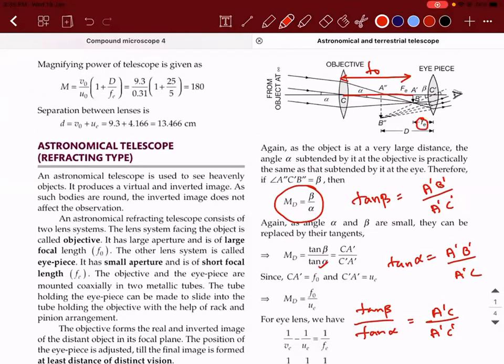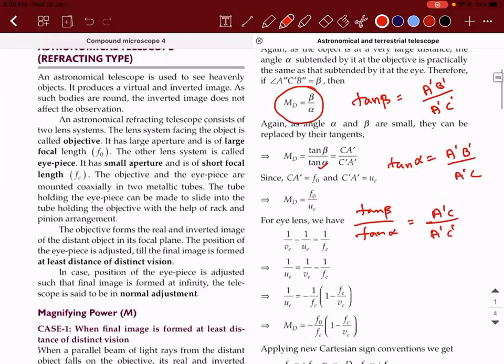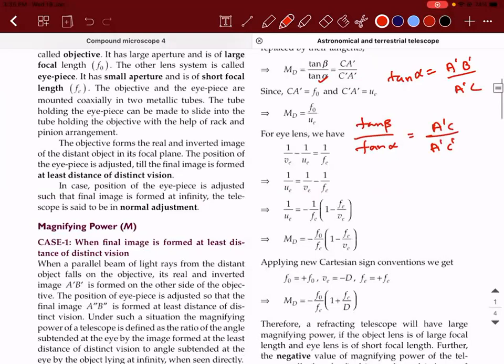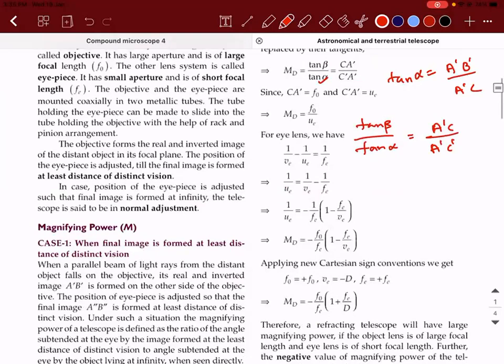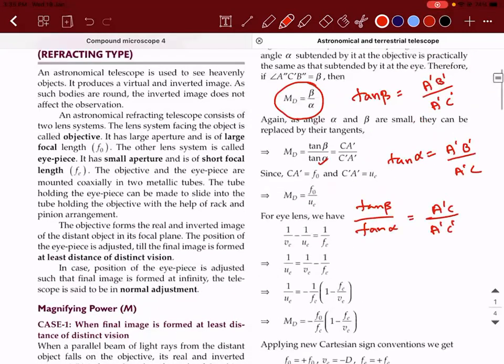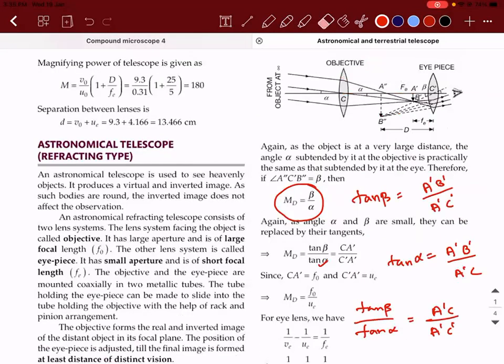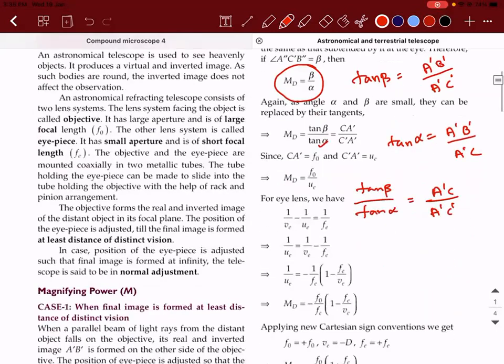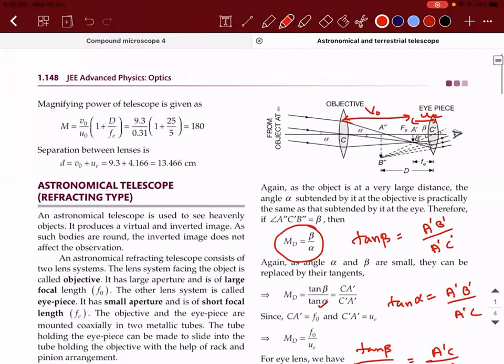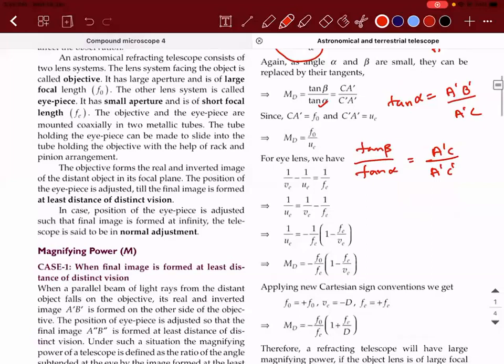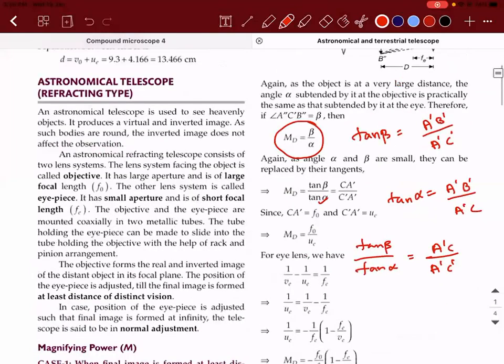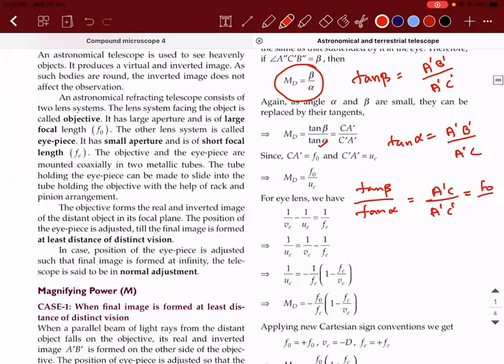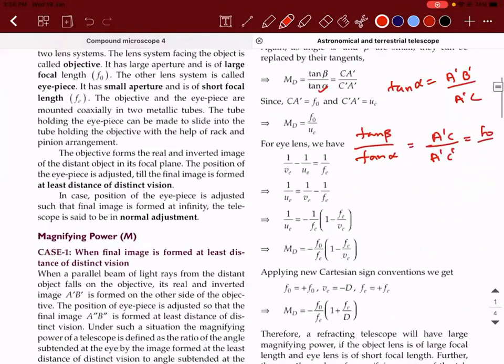C dash A dash is approximately UE. If I take this distance to be UE and this distance to be V naught, then tan beta by tan alpha is equal to A dash C, which is approximated to F naught, divided by A dash C dash, and A dash C dash is UE.